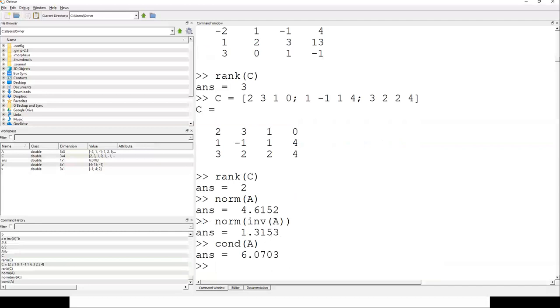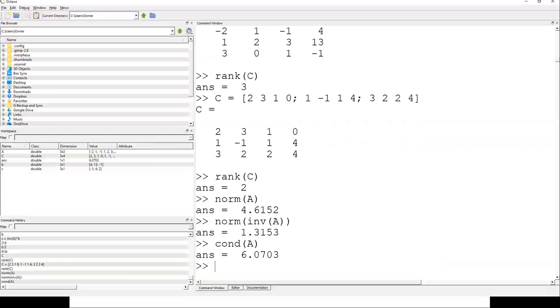Now note, what we're really talking about is this number, the condition of A. The condition is a number; if it goes beyond 10, you can get a little ill conditioning. If you reach 100, don't trust it.